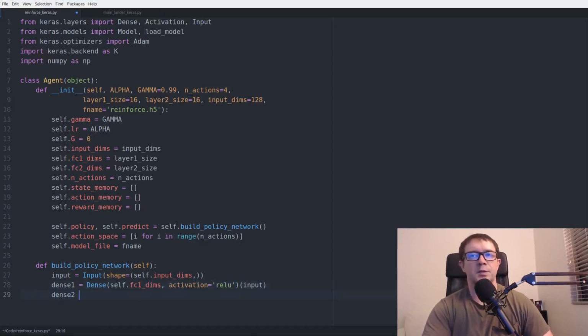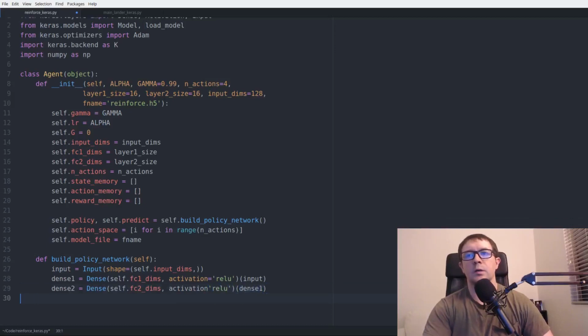We need layer dense 2. That's also a dense that takes self.fc2 dims, activation relu, and that acts on dense 1. And then finally the probs, the probabilities, equals a dense layer, and that takes self.n actions as output. We don't specify inputs for the dense layers because they're inferred based upon the input to that layer.